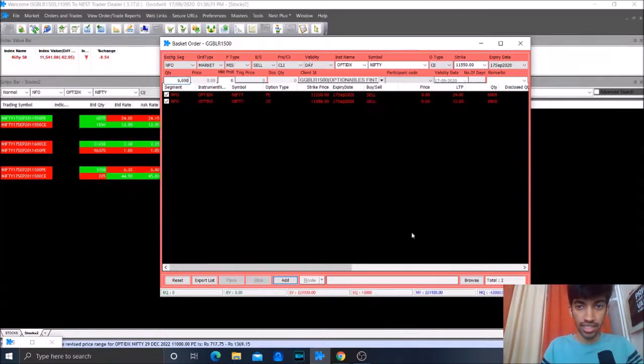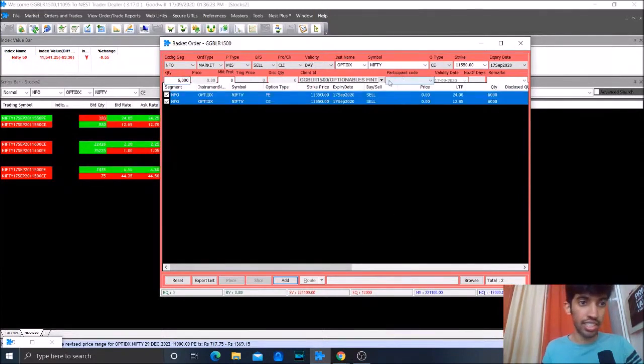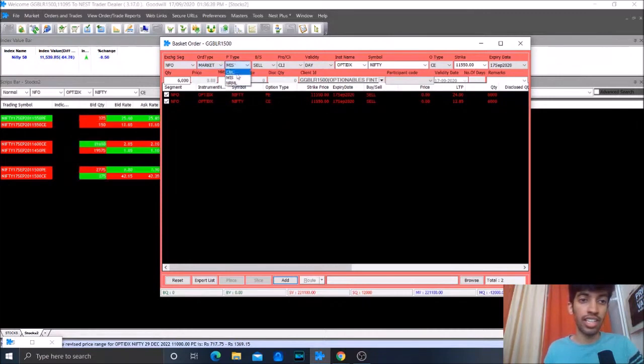So we'll just have a look. Both are at 6,000. Yes, it's perfect, which means we have to do a hedge position now. 6,000 quantity of both, and we'll do a hedge position. We'll be buying 11,600, 6,000 quantity, and will be also buying 11,500.